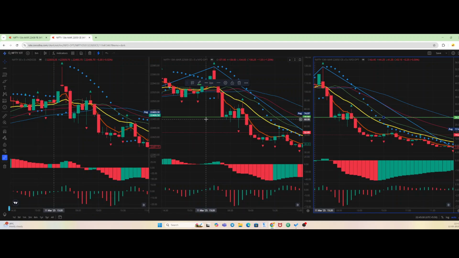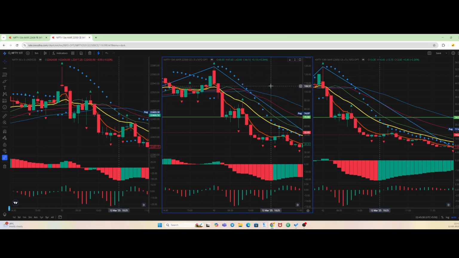We entered at 70, and our stop loss, normally what we did, based on the fractal top, this is the stop loss. Because the hedge we are keeping, that is why we are putting the stop loss on this fractal top.